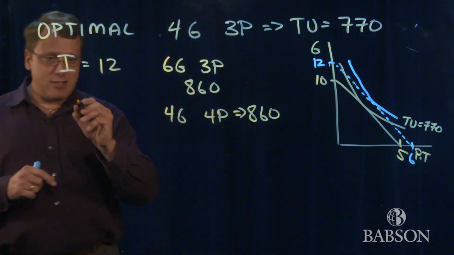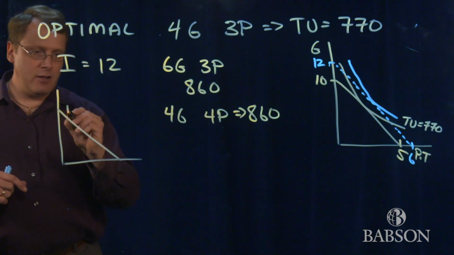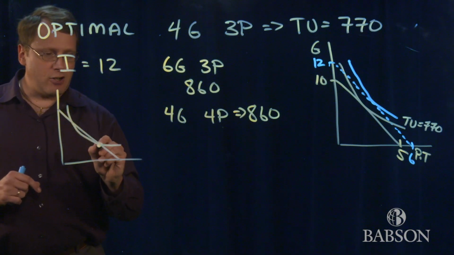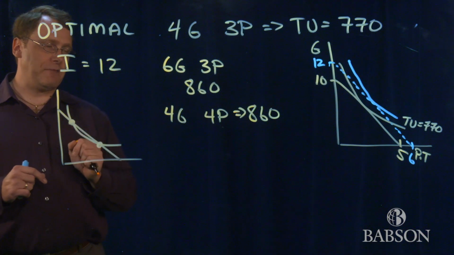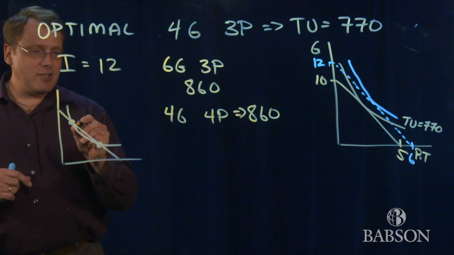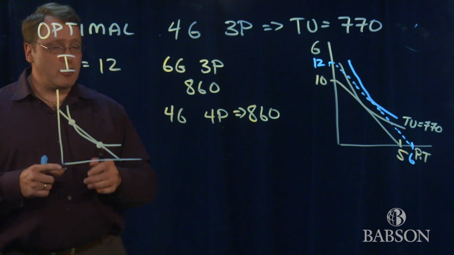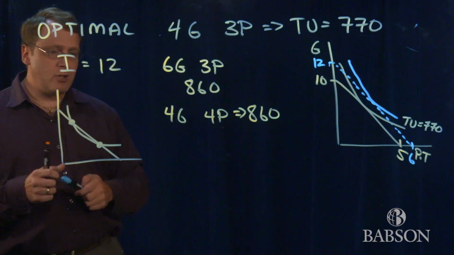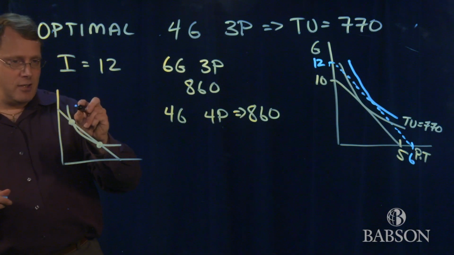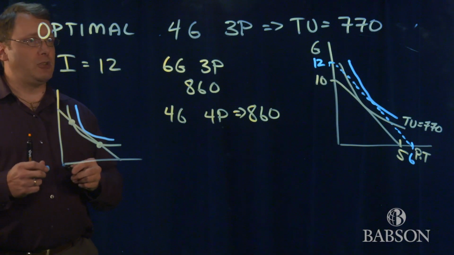That means that it actually looks something like this. They're on the same indifference curve and on the budget constraint. That means there's this area in between, just like before, where a consumer could actually make himself or herself better off. So what happens if we allow this consumer to, say, spend fractional units?